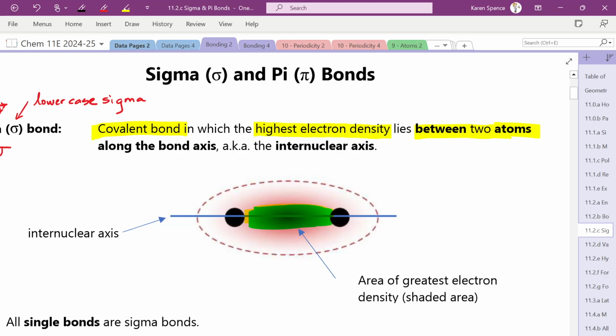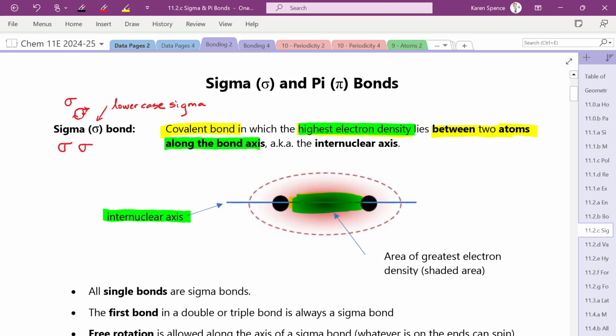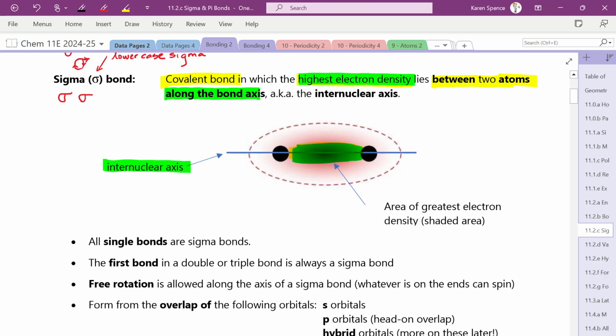It is along the bond axis, along the internuclear axis. So our highest electron density is along the bond axis. Every single bond is a sigma bond. Actually, no. Single bonds are sigma bonds. Sigma bonds can be part of a double bond also.